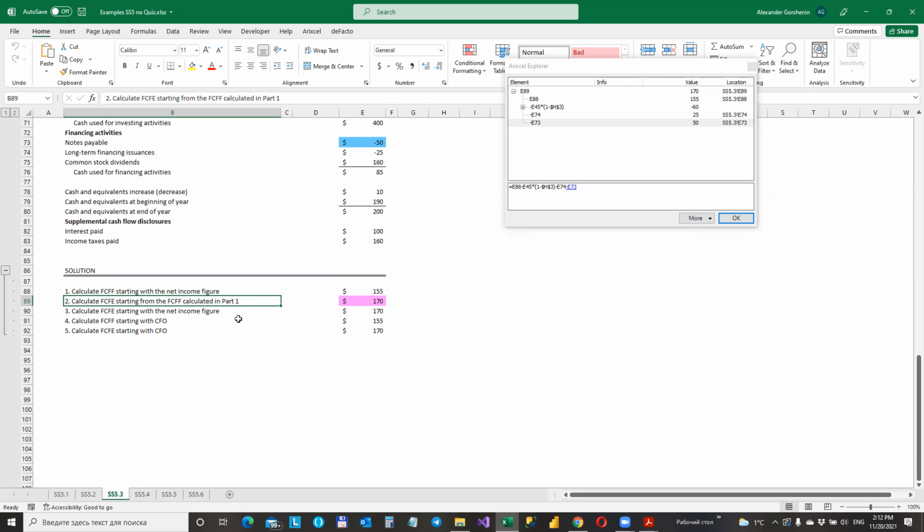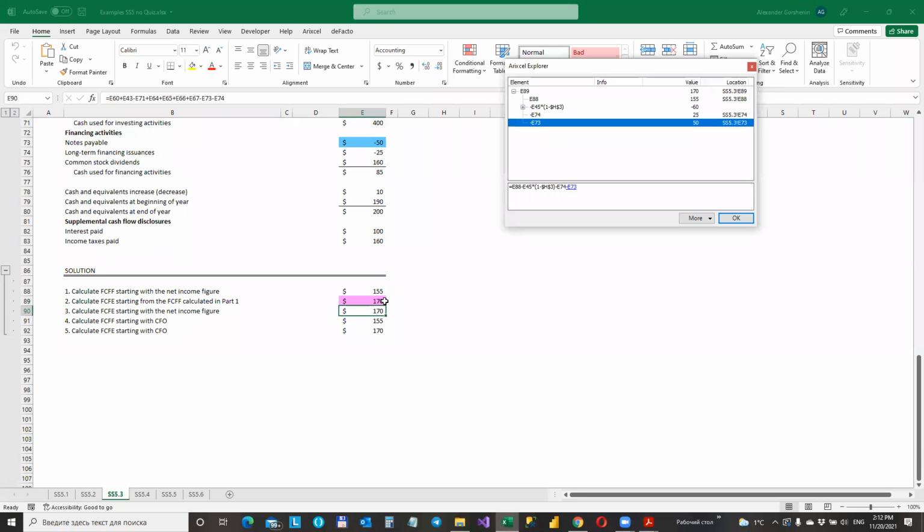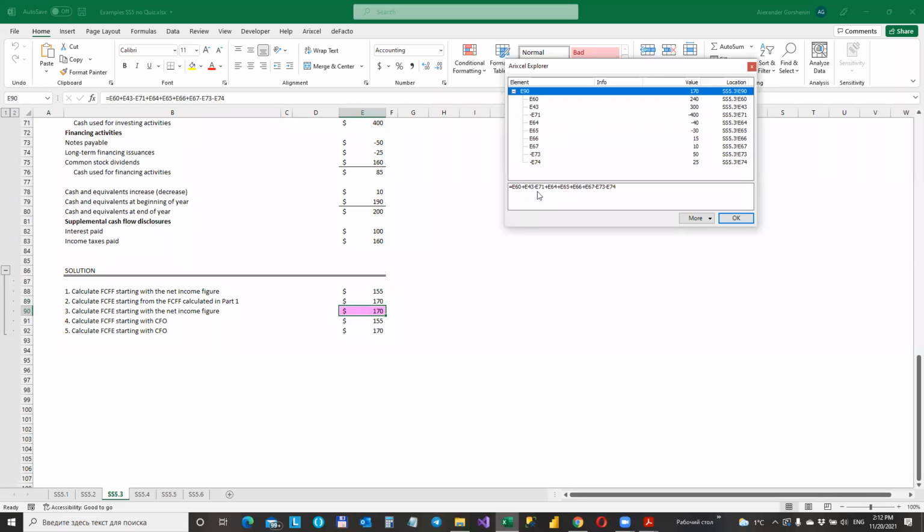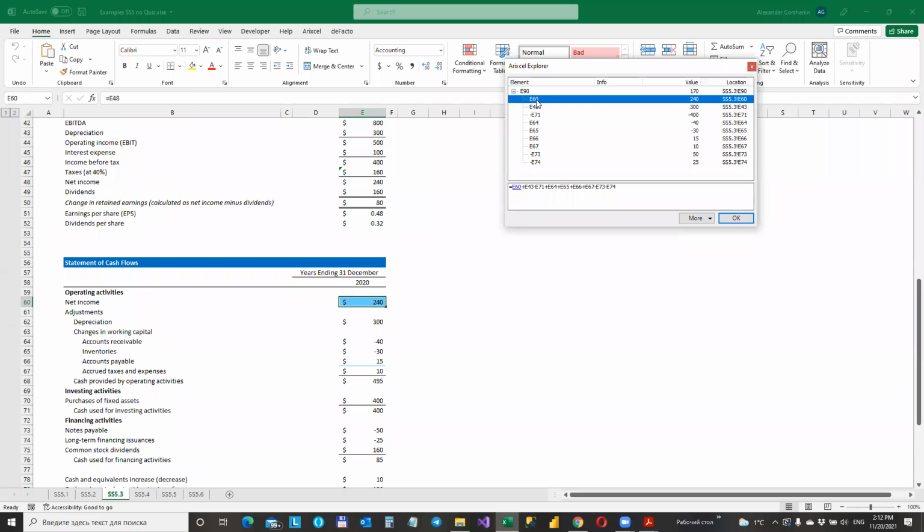Again, calculate free cash flow to the equity directly from the net income. You can see a different approach. We have net income, then add back depreciation, subtract the 400 of cash used for investing activities.